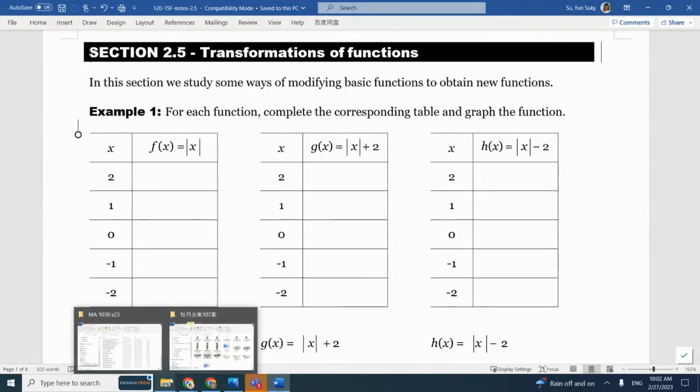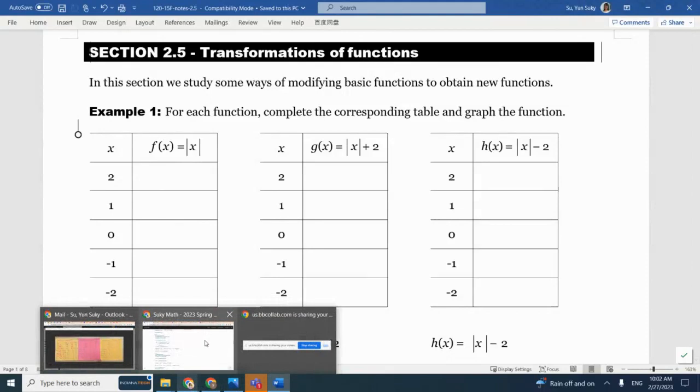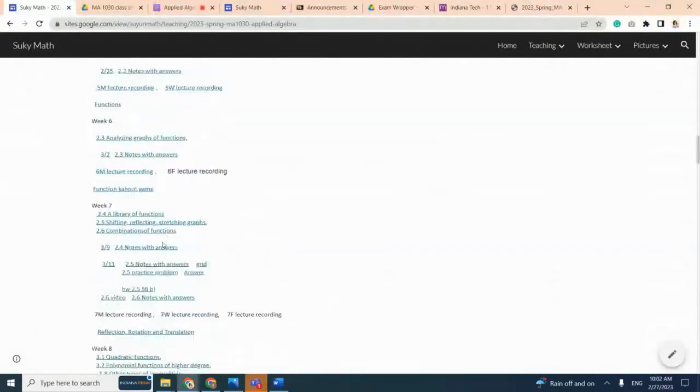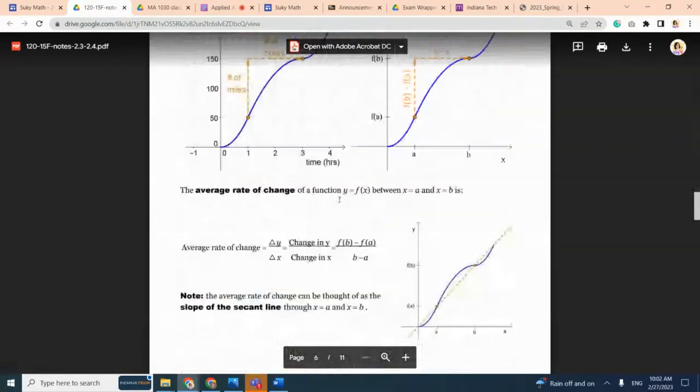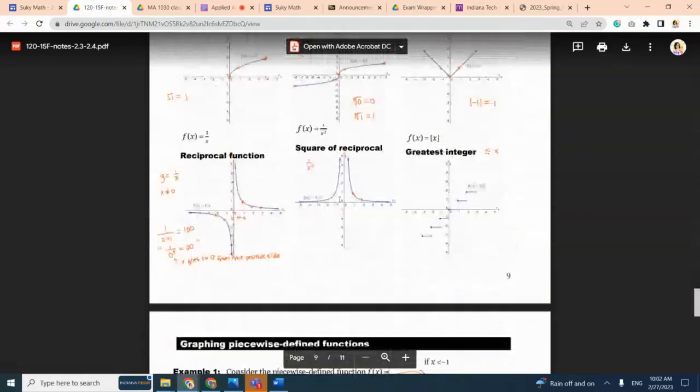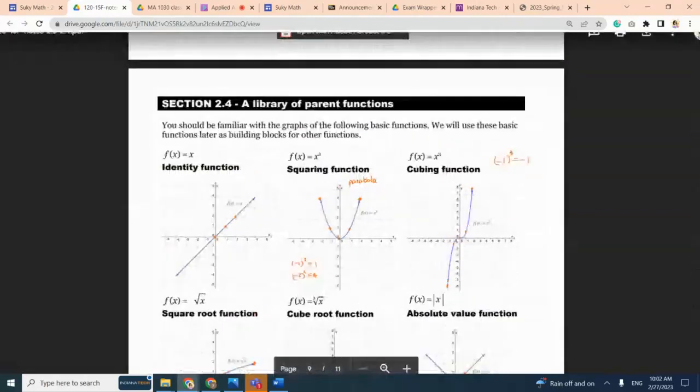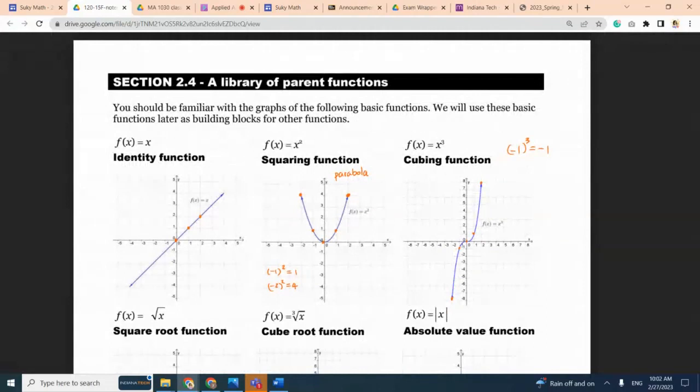Let's review session 2.4. In 2.4, we talked about graphs of functions, and we have a library of some basic functions, the library of parent functions. Raise your hand, everybody. Let's do math exercise.